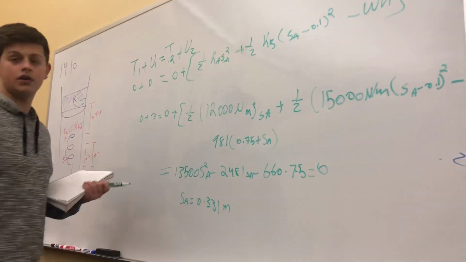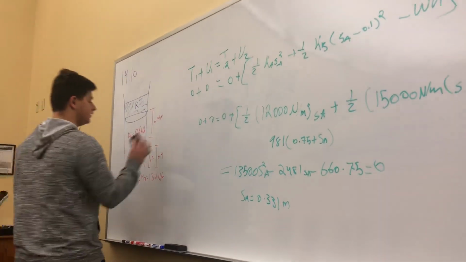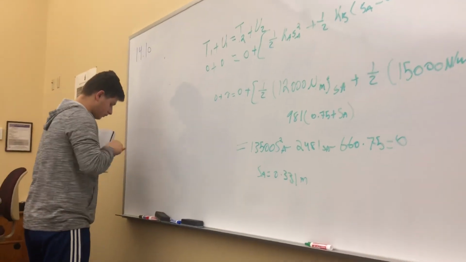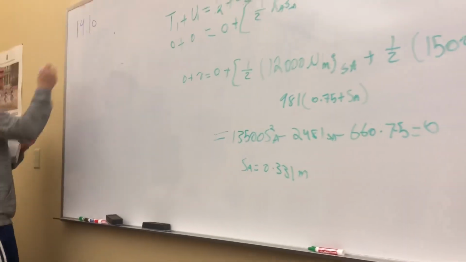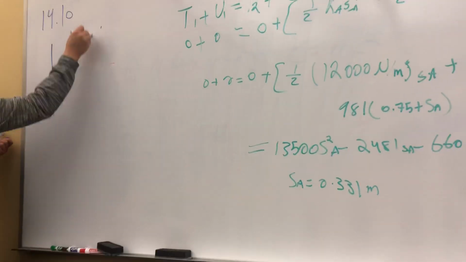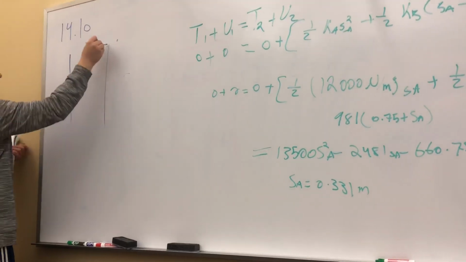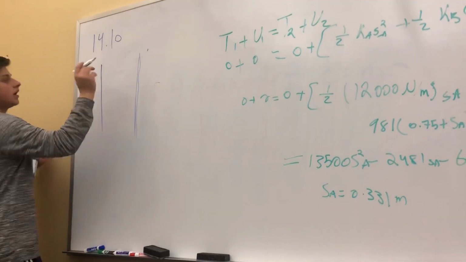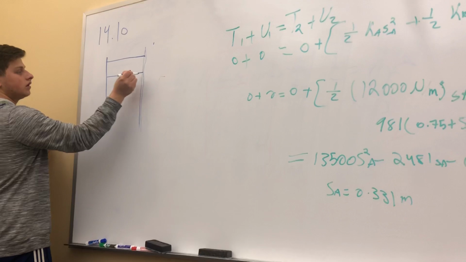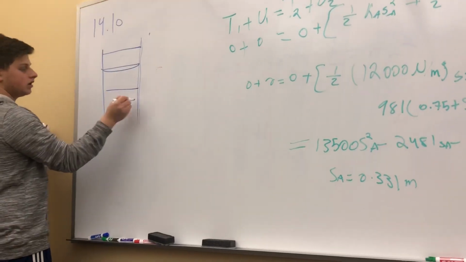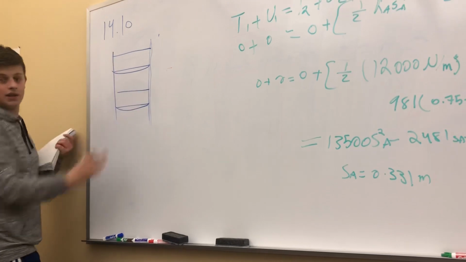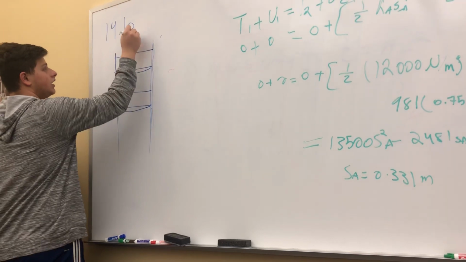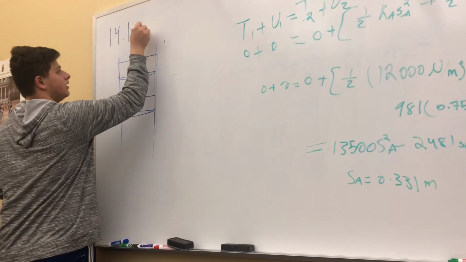So our final diagram would be like this. Since it's compressing the A and the B, sorry about that, we're gonna have a compression here and a compression also here as it's in motion. So the gravity acting on it is 981 newtons.